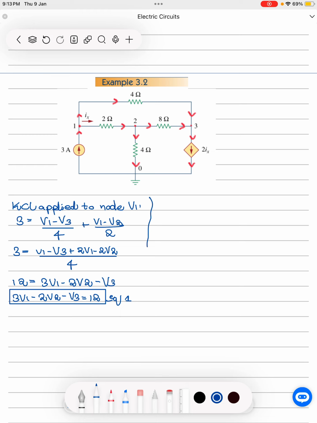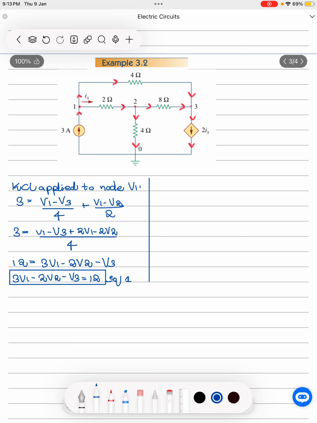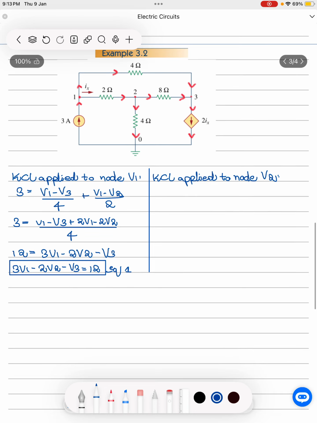Alright. Now we can apply KCL on node V2. Let us write KCL applied to node V2. The current which is entering node V2 is this, the current which is leaving is this, and the current which is leaving is this as well.